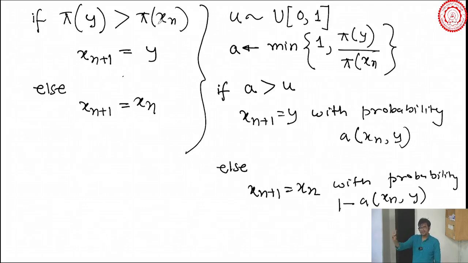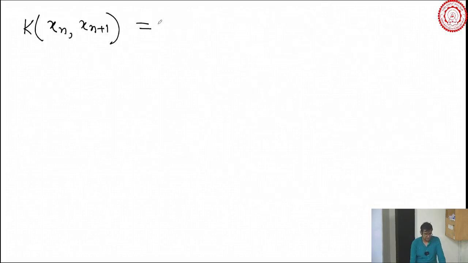So there are two ways you can go from xn to xn plus 1. Everyone agrees?